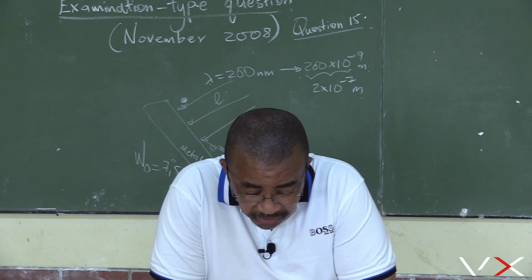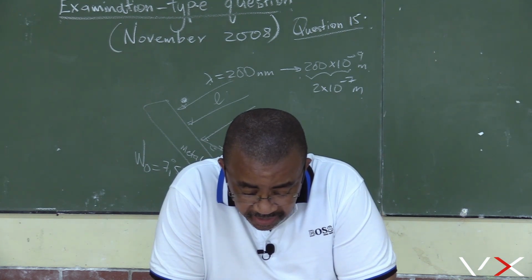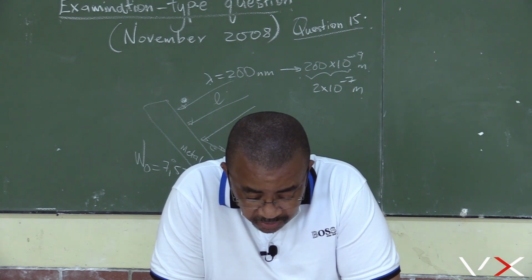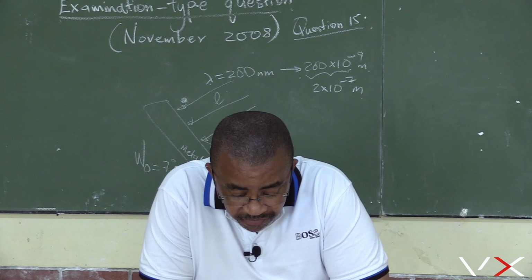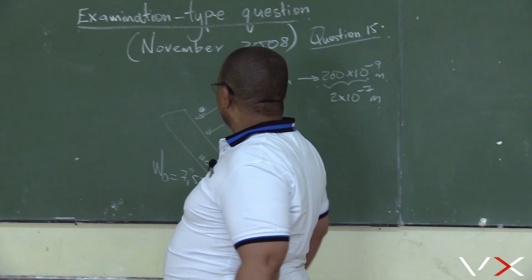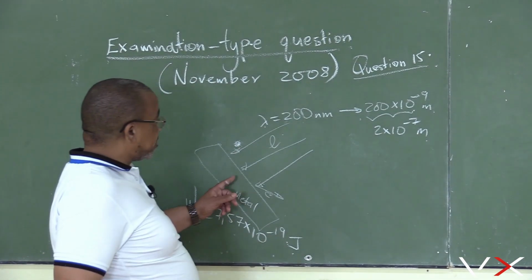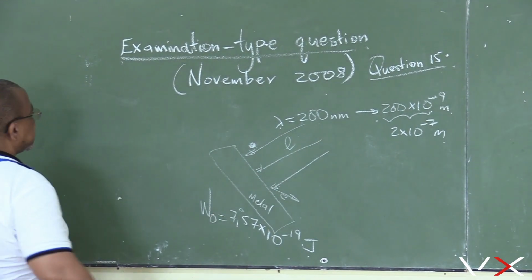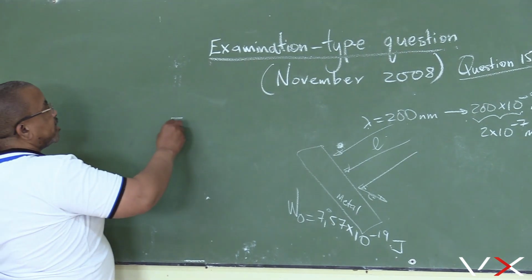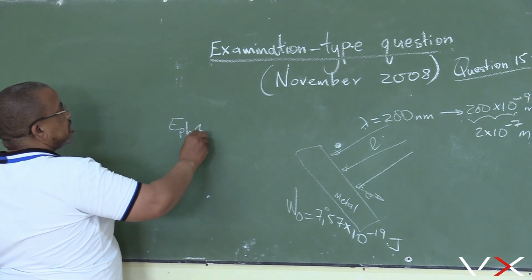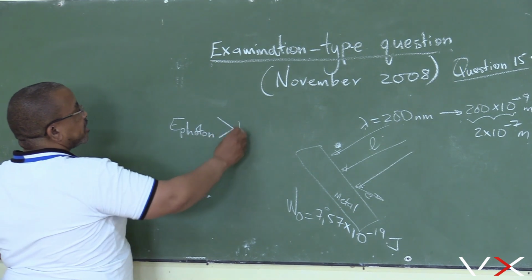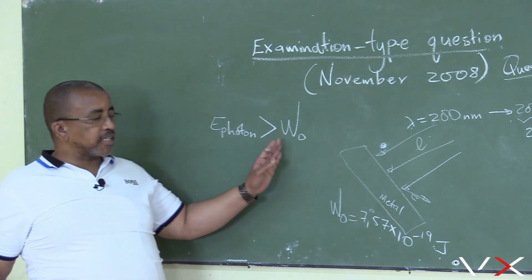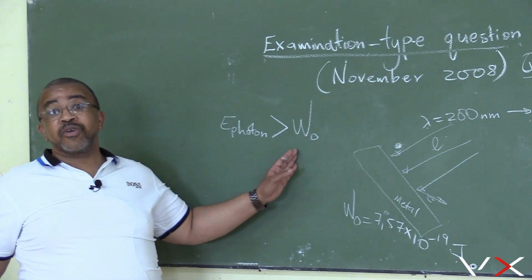Show by calculation that the metal plate will emit photoelectrons when irradiated with radiation of this wavelength. For electrons to be emitted, the energy of the photons must be greater than or equal to the work function.